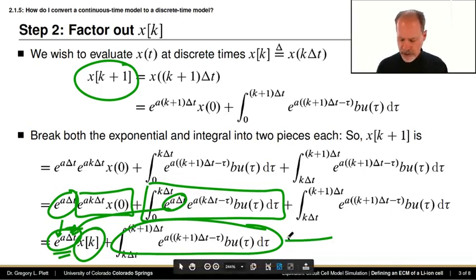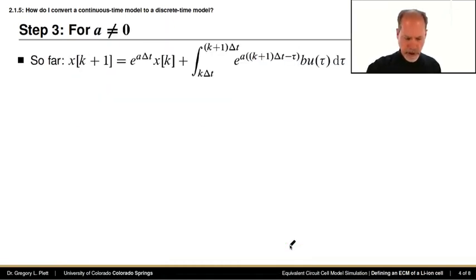And now we need to do some manipulations on this remaining term to make further progress. So to summarize where we're at so far, we have found that the new value of x is equal to e to the a delta t times the old value of x plus an integral.